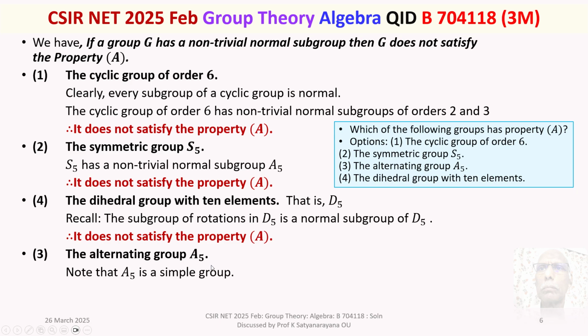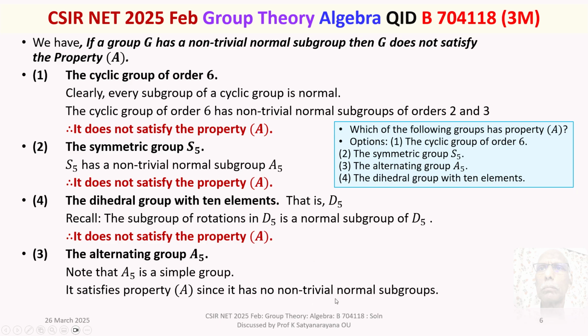So, the normal subgroups are, for a simple group, E and the whole group. It satisfies the property A since it has no non-trivial normal subgroups. Right. So therefore, the answer to this question is option 3. That is the detailed discussion of the solution of this problem.